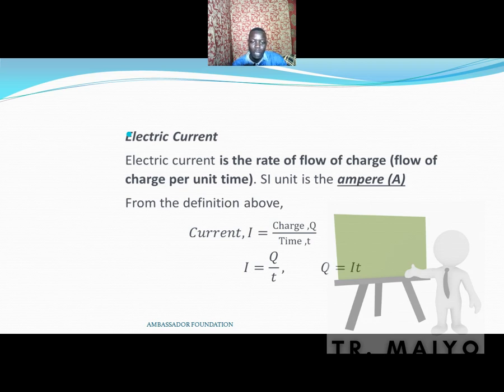So that's why I'm giving you this equation here: current is given by charge over time. Charge should be in coulombs, and time should be in seconds. So whenever you are given time in minutes or hours, please go ahead and convert it to the SI unit. Even when you are given charge in other units, please give it in the SI unit.